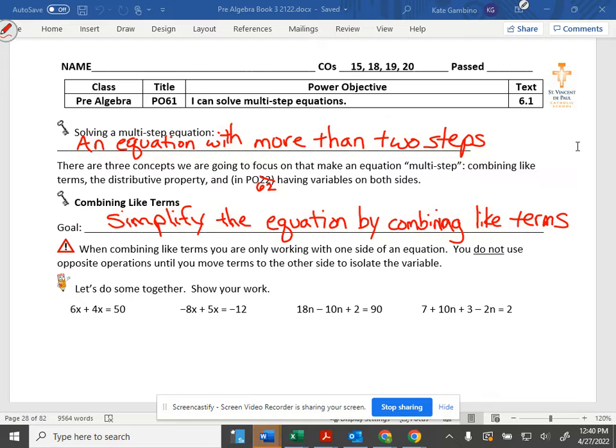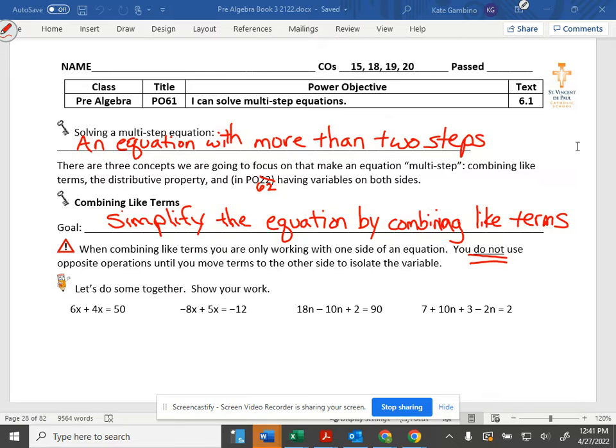We will see stuff like this on the math test. You really need to focus and pay attention to how we do this. When combining like terms, you are only working with one side of the equation, just like our expression. One side of the equation. You do not double underline this because this is an easy mistake that people make all the time.